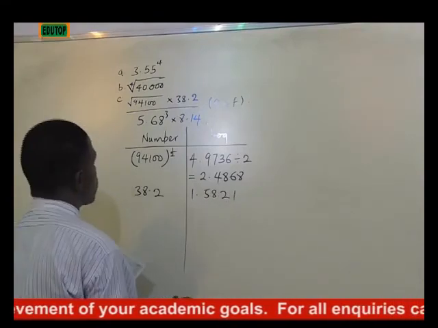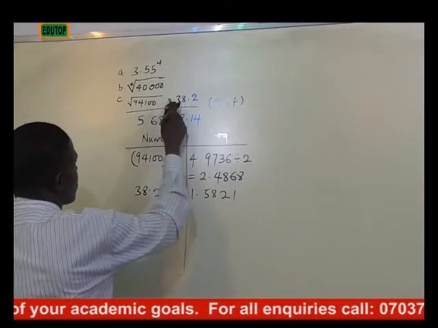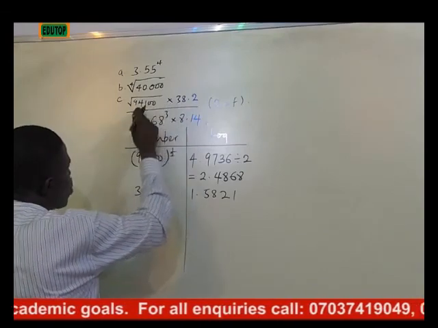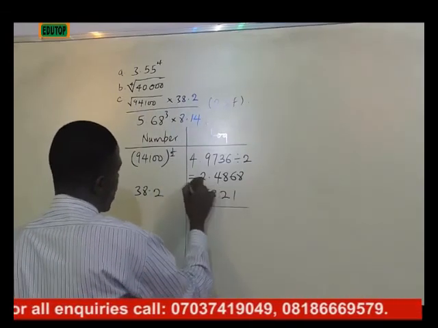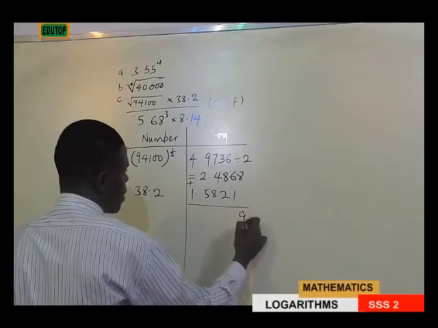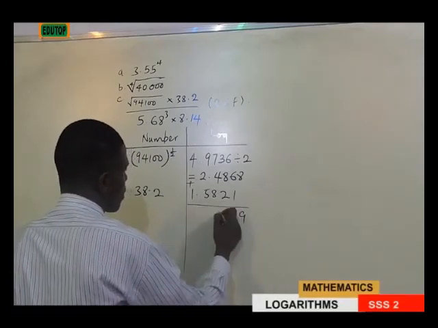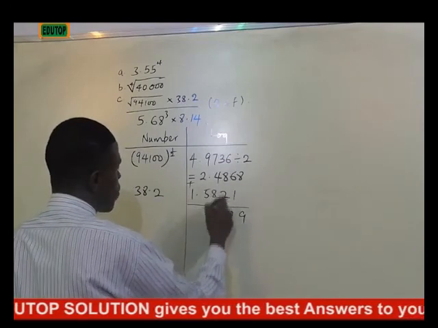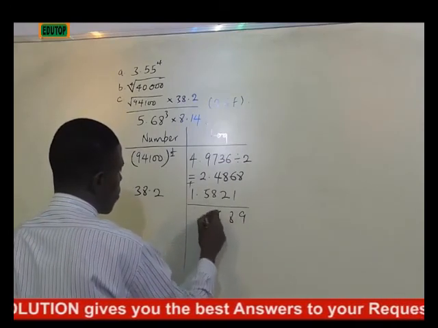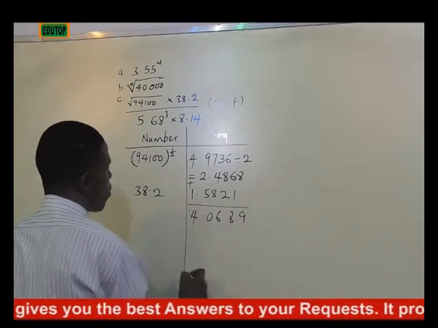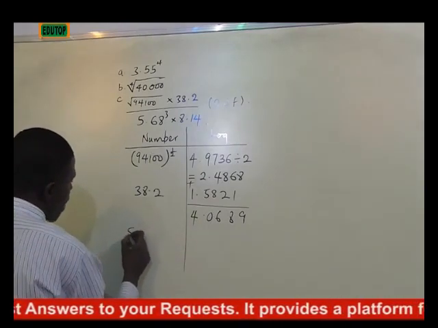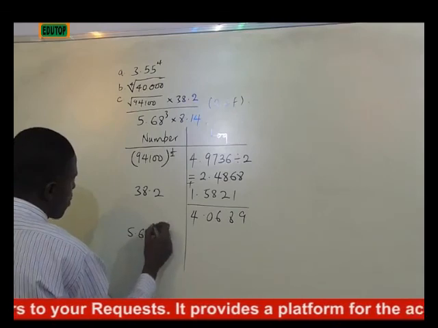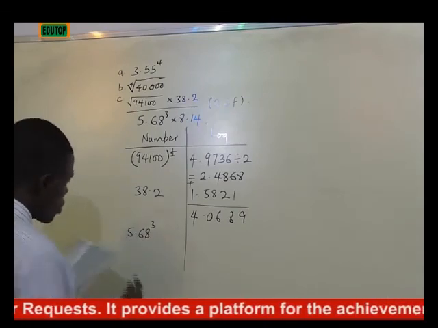Since there is a multiplication sign between these two values, automatically we add them up. Then we come to the denominator that has 5.68 raised to power 3. So we go to this.